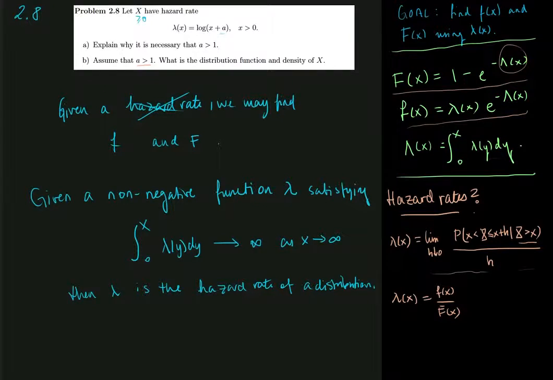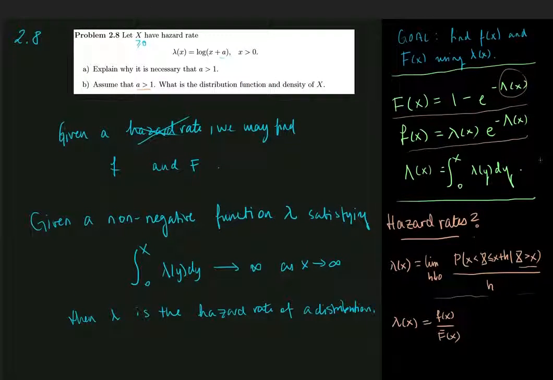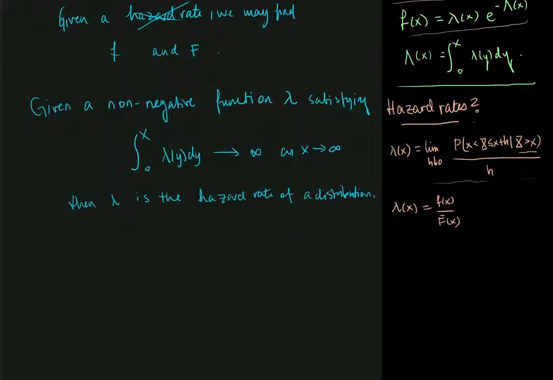What do I mean by that? Well, why would we even want to use a hazard rate to characterize a distribution instead of a density or a distribution function? Number one, hazard rates are flexible.